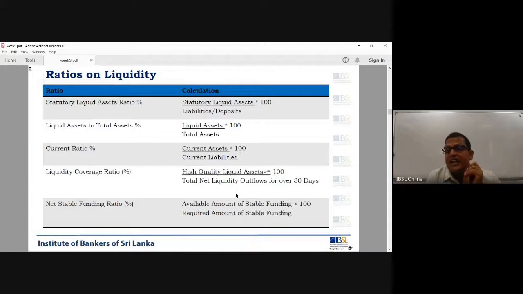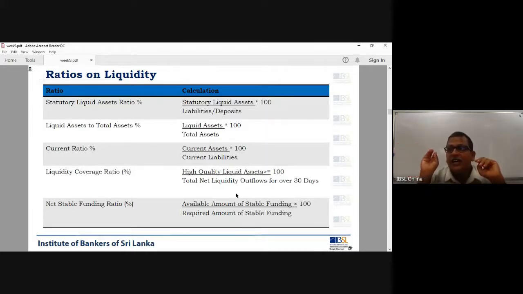But this statutory liquid asset is something different, which is when they are having 100 million as a liability. If it is a commercial bank, liability; if it is a specialized bank, we have to consider the deposit amount. So we'll take an example of a commercial bank.